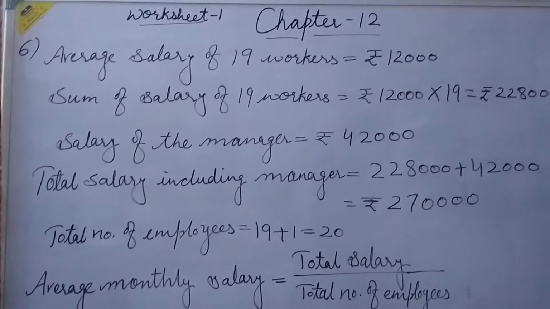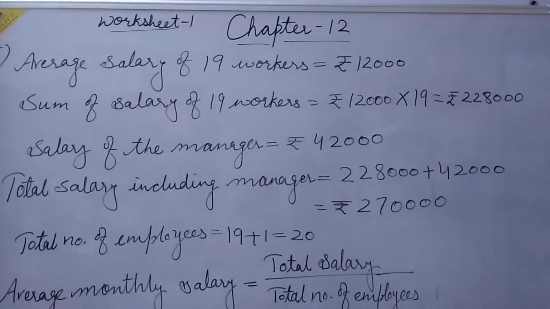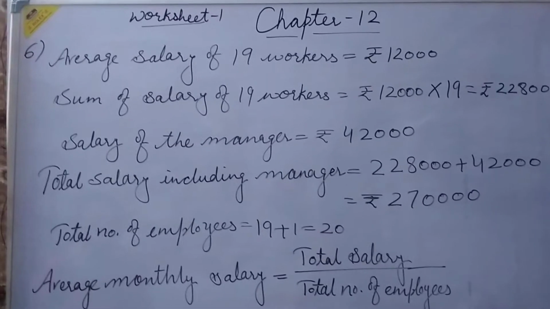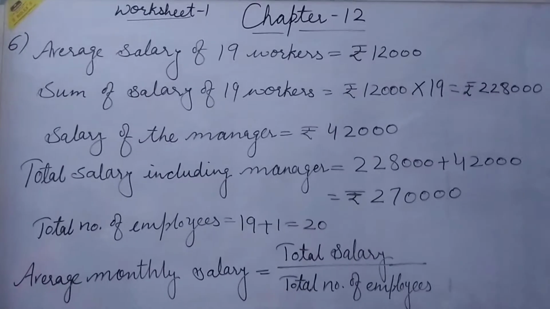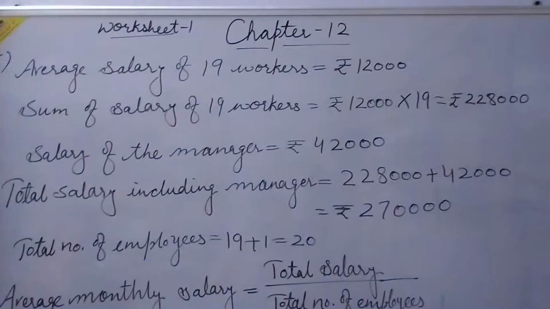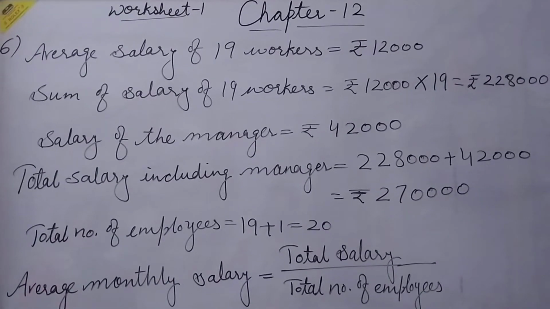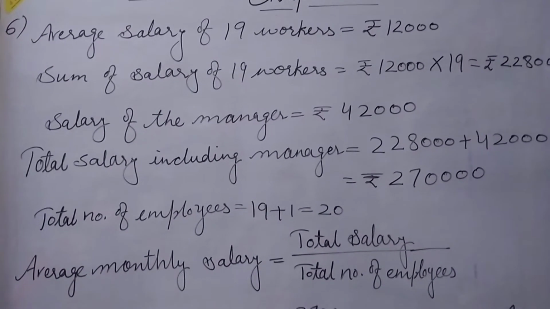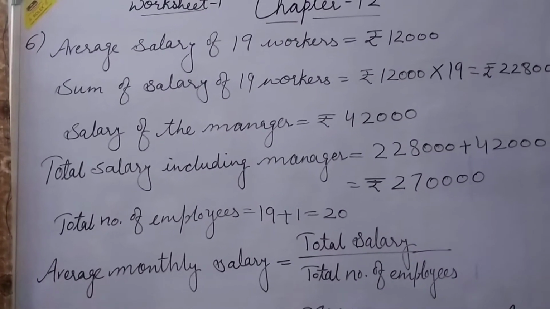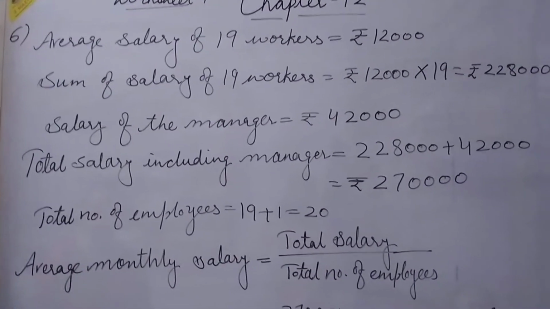Question number 6 is the average salary of 19 workers in a factory is rupees 12,000 per month. If the salary of the manager is rupees this per month, find the average monthly salary paid to all the employees. Here average salary of 19 workers is given to you, and that is 12,000.